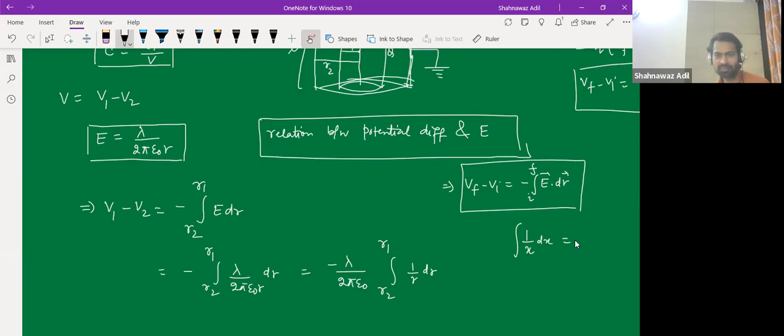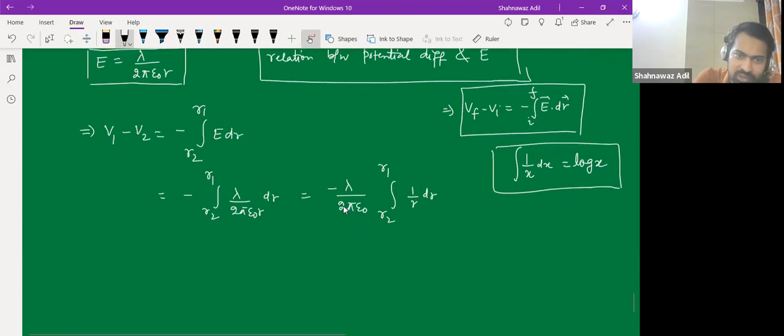Okay, so let me tell you. This is log x, right? This is the integral. Now do you remember? Okay. So this would be how much?